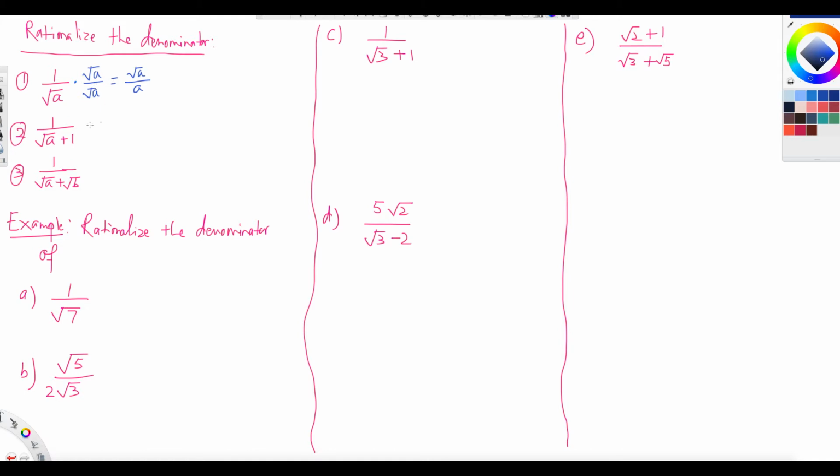Okay, the second type of problem you will see is there are 2 terms in the denominator. One has a root, the other does not have a root. Root a plus b, let's think like that. In this case, what you do is multiply and divide by the conjugate. What do you mean by conjugate? Conjugate is exactly the same expression, but the sign in the middle is changed.